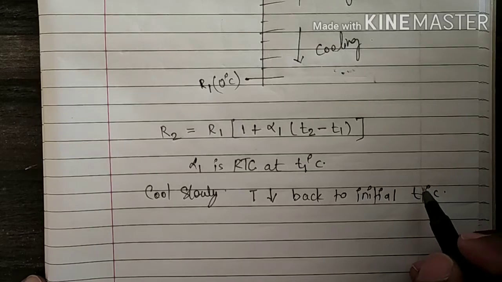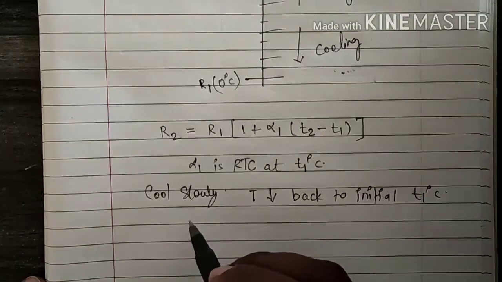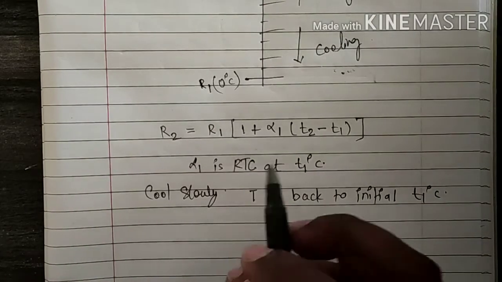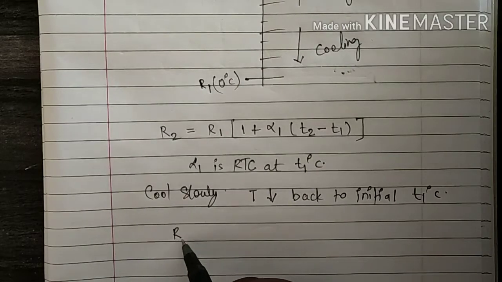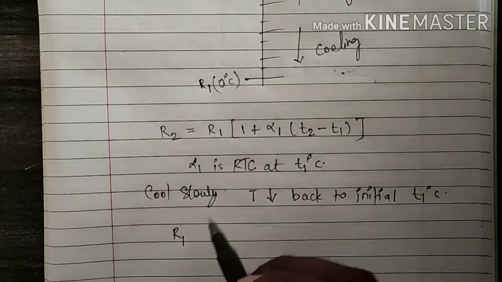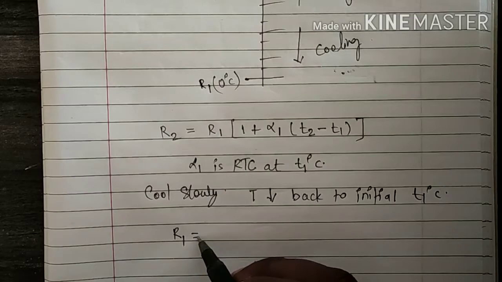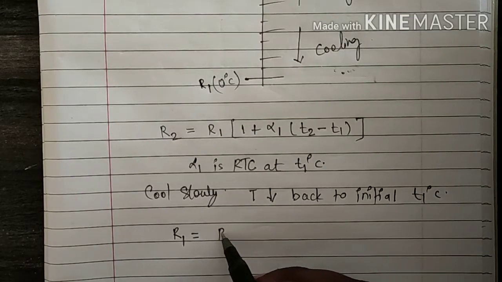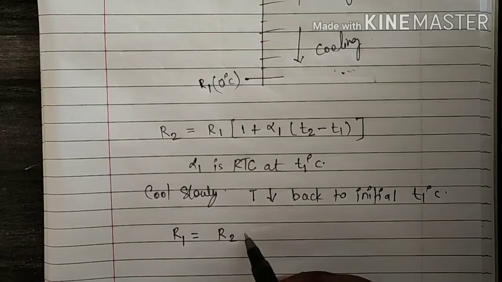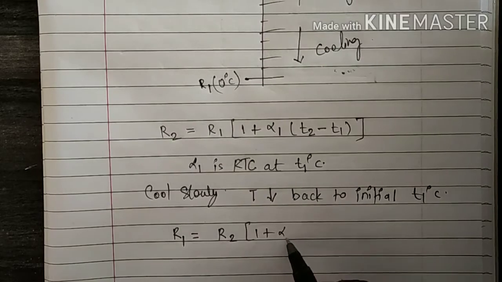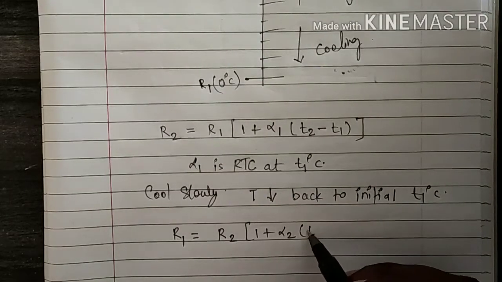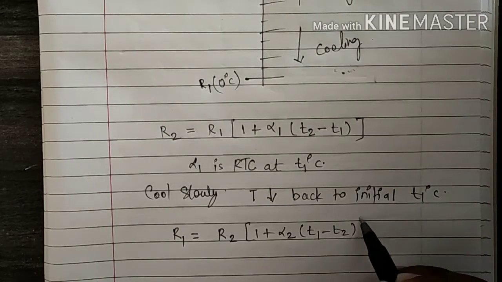The mathematical expression of the resistance when the material comes back to its normal temperature is given by R1 equals R2 times 1 plus alpha 2 times T1 minus T2.